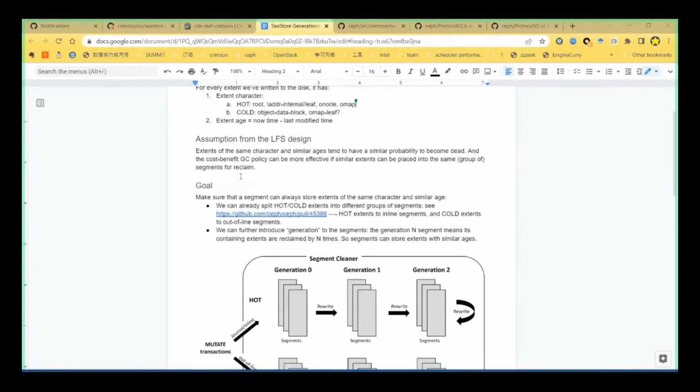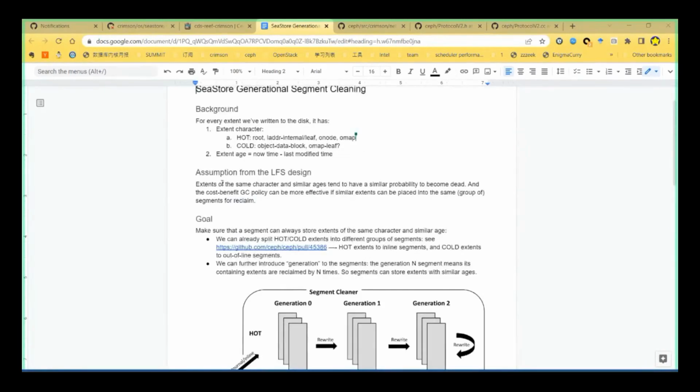So from the LFS design, it might be better to group the extents of the same character and similar ages together, because we assume they will have a similar probability to become dead.